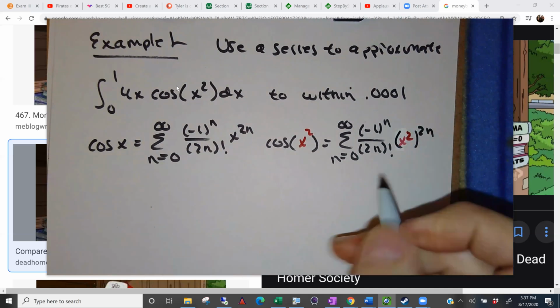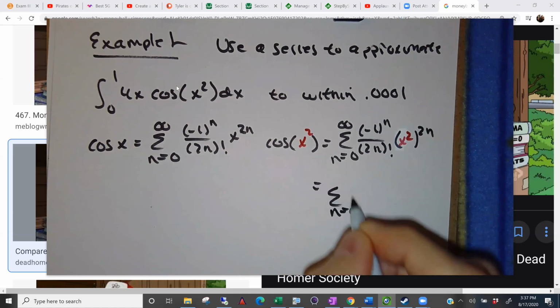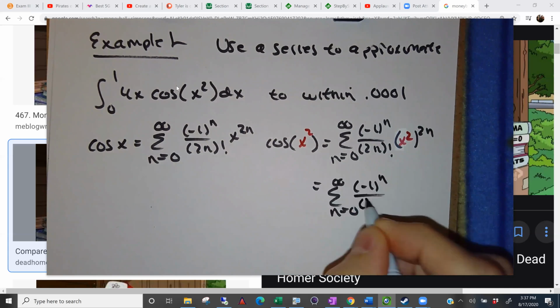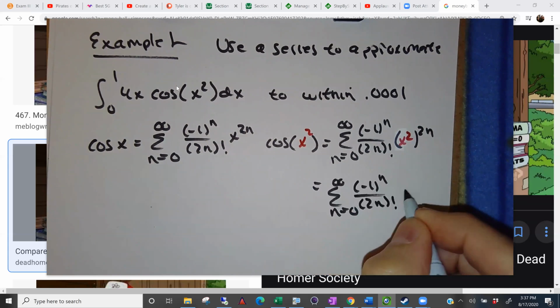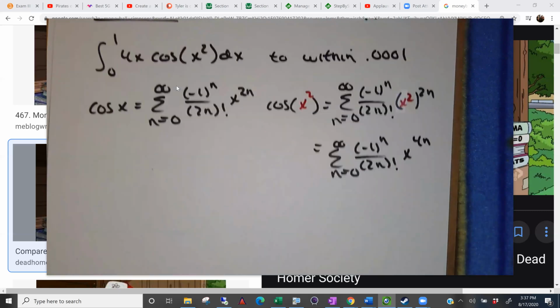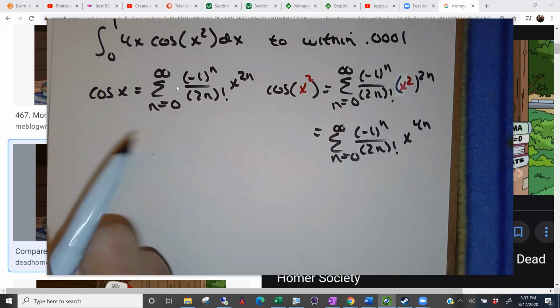So let's simplify this a little bit. That's going to be the sum from n equals 0 to infinity of -1 to the n over 2n factorial x to the 4n. Now I want to come up with the complete function there.